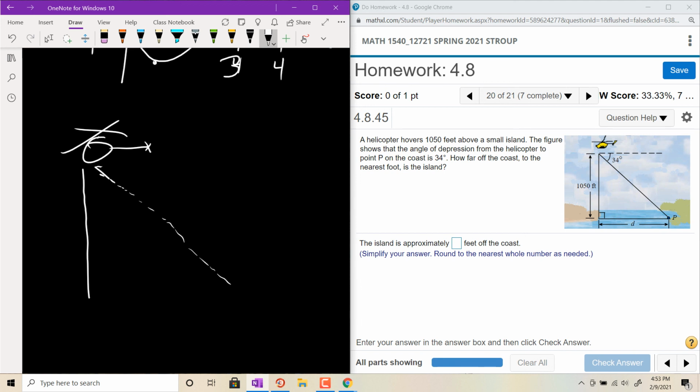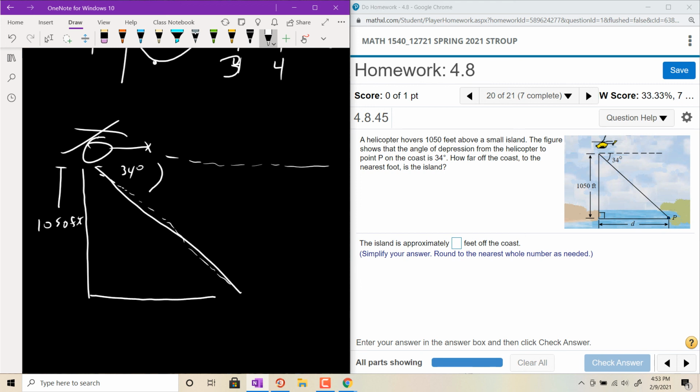Okay, here's the horizontal, and they give us this angle of depression is 34 degrees, and the helicopter is at 1,050 feet. They want to know the distance across the river. As the helicopter is hovering 1,050 feet above the small island, the figure shows the angle of depression. How far off the coast, to the nearest foot, is the island?